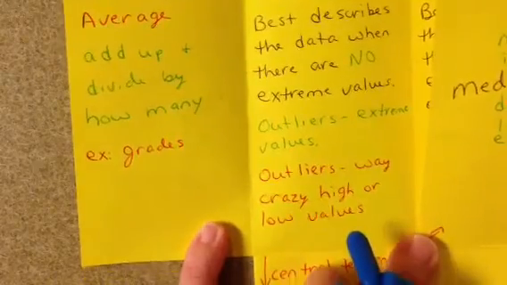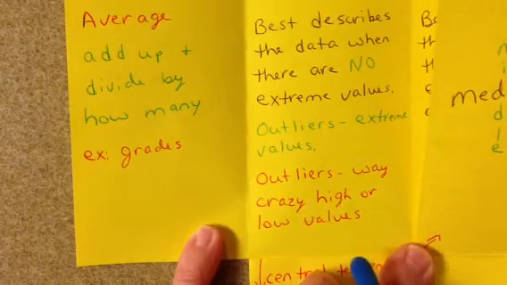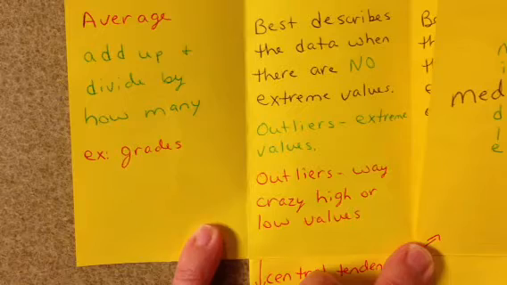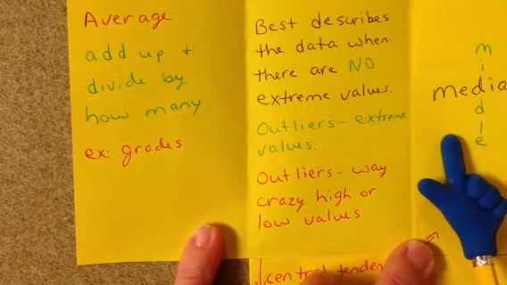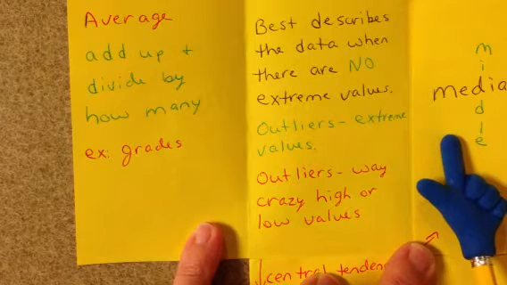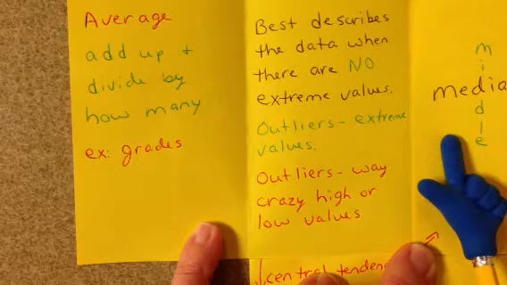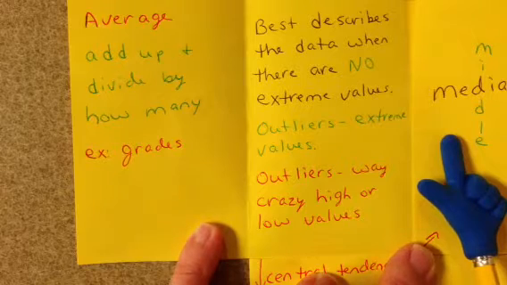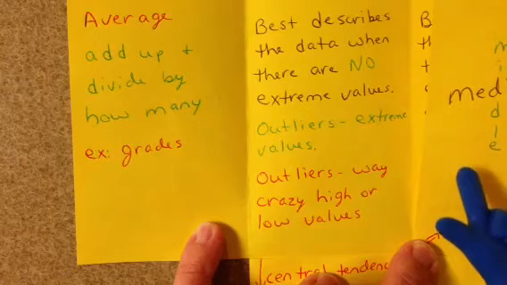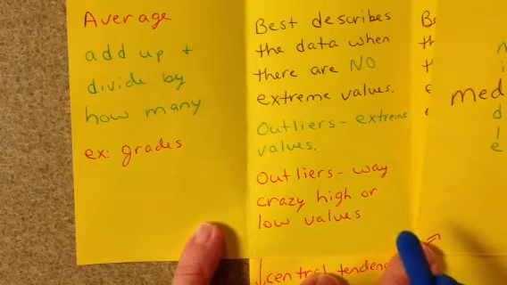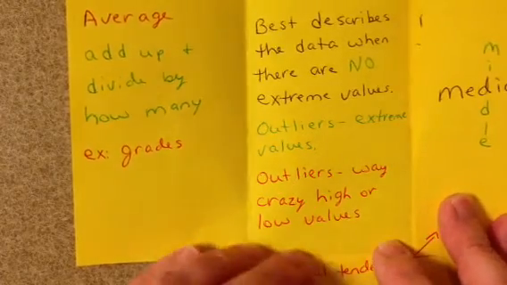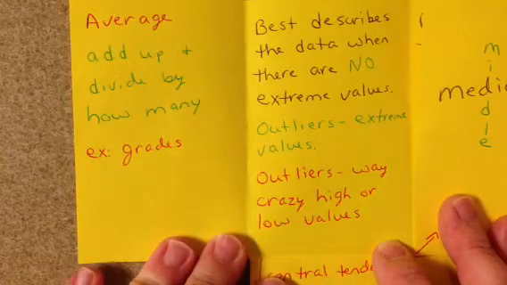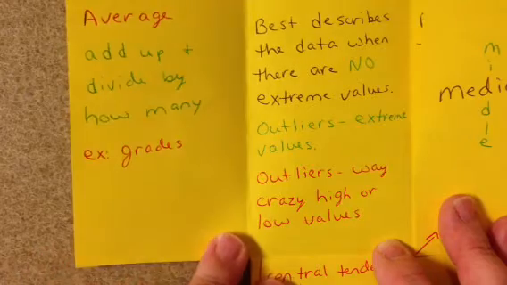And an outlier is a way crazy high or way crazy low value. So if I were giving a test and everybody made between a 70 and a 95, and one person made like a 35, the 35 would be an outlier. And it would not be a good example of the data if I use the average for that. So the mean is the average. We use it to best describe the data when there are no extreme values.